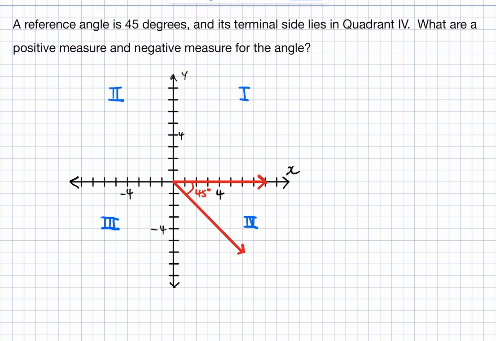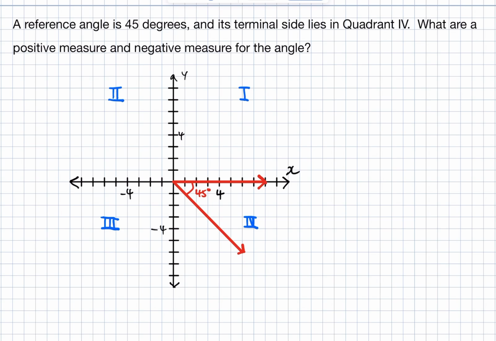And that tells me the remaining 3 quadrants, okay? So we're told that the reference angle in its terminal side lies in quadrant 4. And the question here is, what are a positive measure and negative measure for this angle, okay?